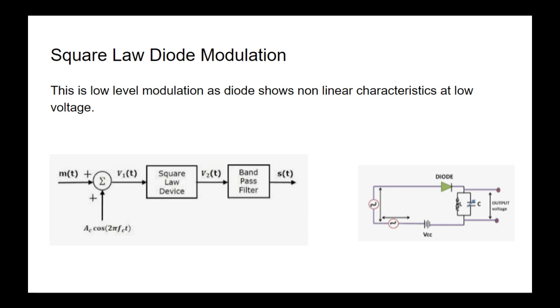On the right hand side, you will find the circuit diagram of square law diode modulation. Here, a VCC voltage in addition to the carrier voltage and modulating signal voltage is applied on the diode, which performs squaring of the input, and we pass the output of the diode to a band pass filter to get the desired modulated signal.